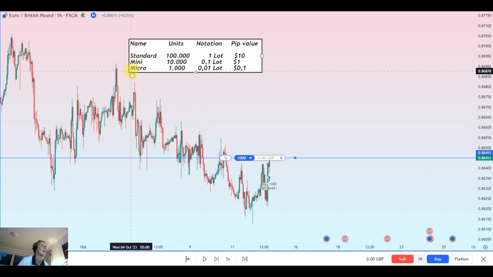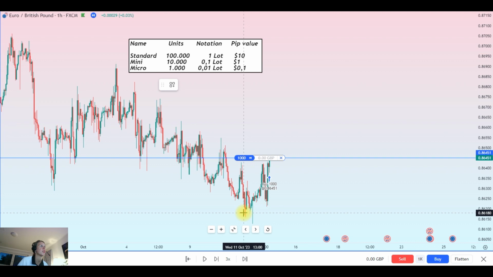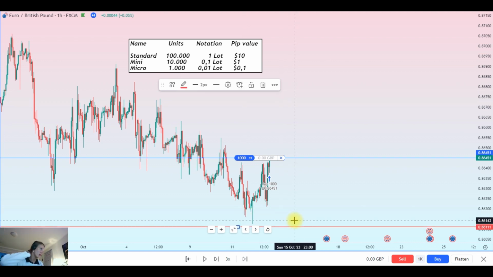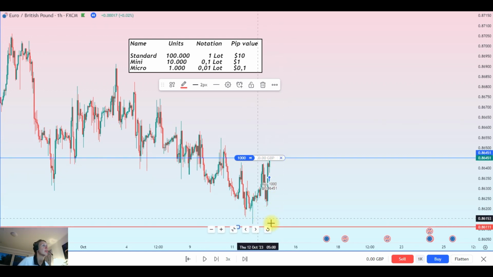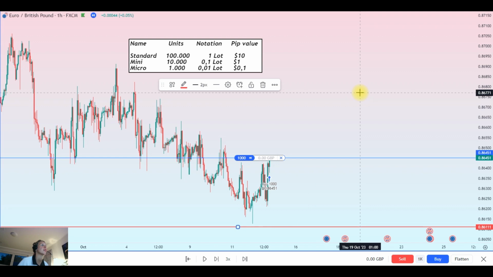Now let's see how much money we would risk. That depends on the area where we would put our stop loss. So in this case, we would put this stop loss, for example, here to leave a little bit of room for the market to develop in case it comes down into this area again before it goes in the long direction.